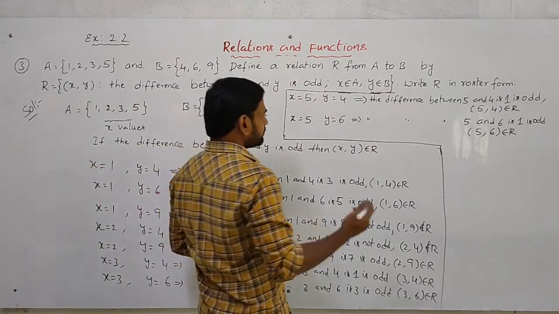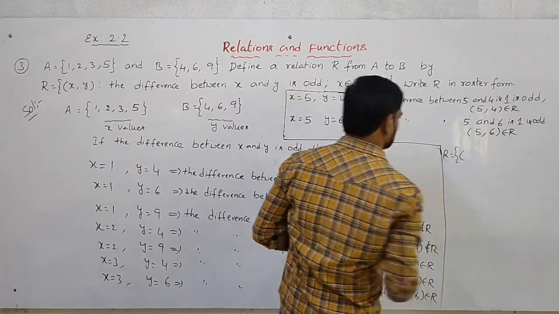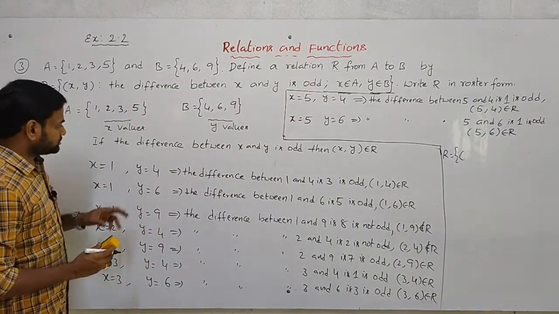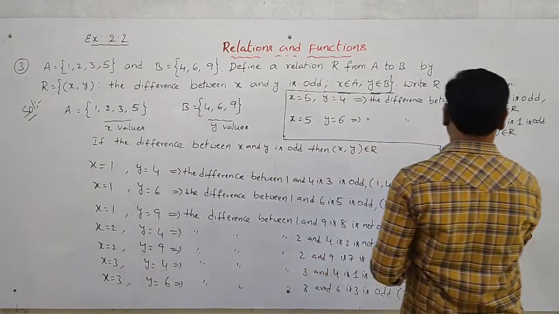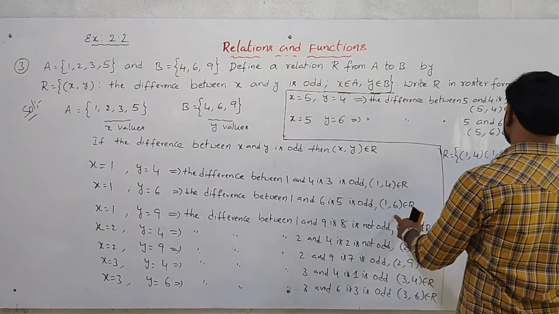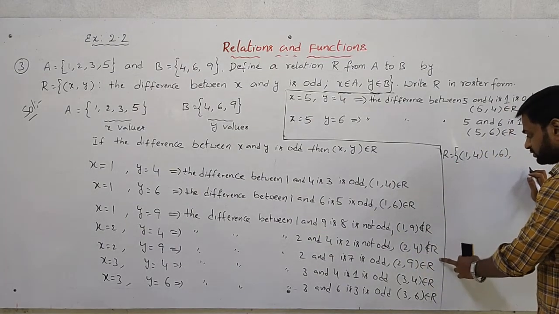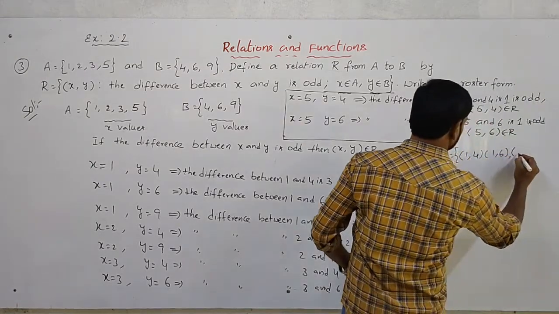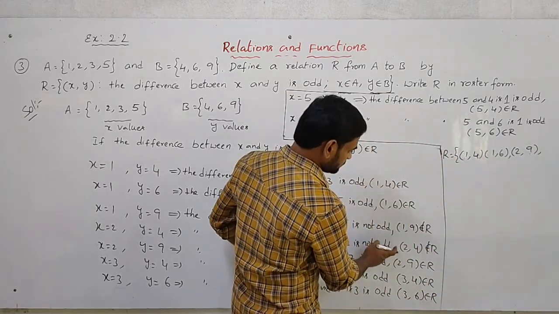Now, what is the final relation R equal to? It should be in the roster form. The first ordered pair is (1, 4). Next (1, 6). Next, don't take (1, 9). It is not in R. Next (2, 9).